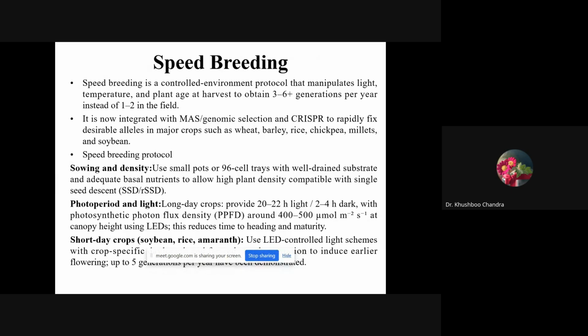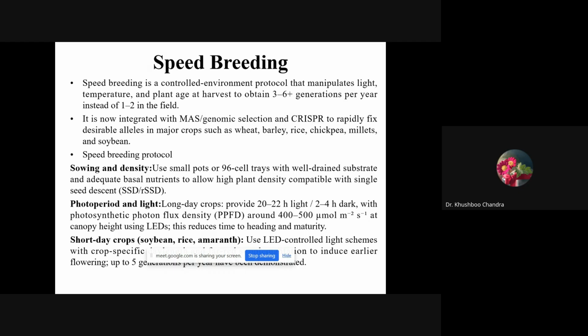So now coming to speed breeding. Speed breeding is nothing but a controlled environment, like how the breeder screens their material in the natural environment. Artificially, we are creating it by manipulating the environment through different fluctuations of light and temperature, so plants at a different age can be harvested, and we can also obtain 3 to 6 plus generations per year instead of 1 to 2 in the field.